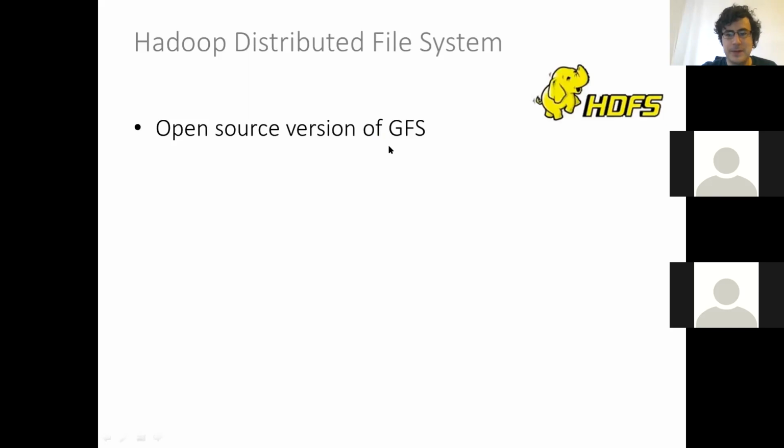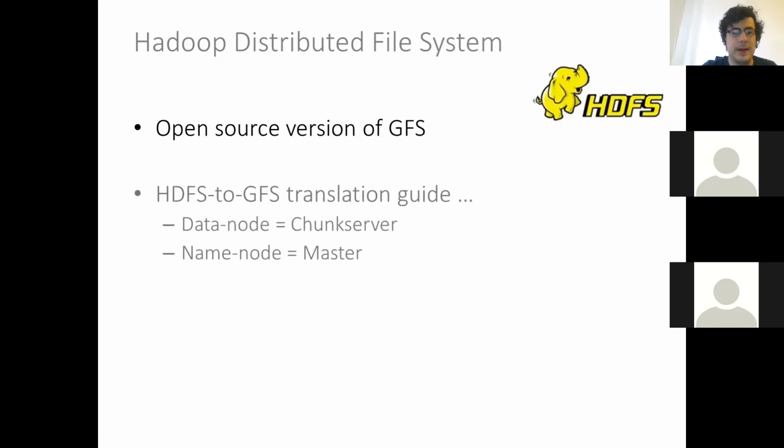In terms of Google file system, that was a proprietary system, but there has been an open source version of it called Hadoop Distributed File System, HDFS, which is just an open source implementation of precisely the same ideas that we've seen. There are some differences in names. A data node in HDFS is a chunk server, and a name node in HDFS is a master.